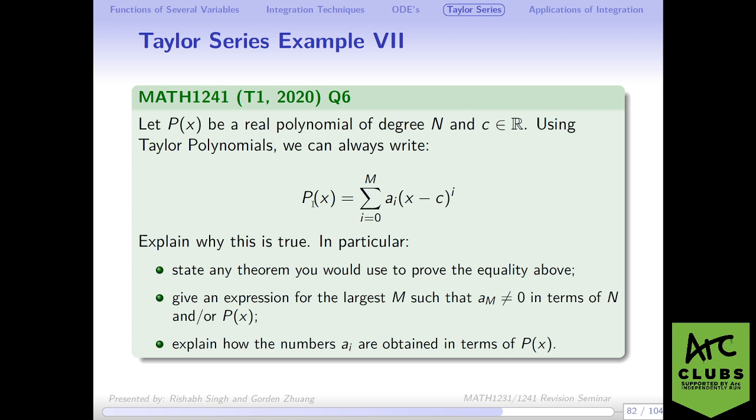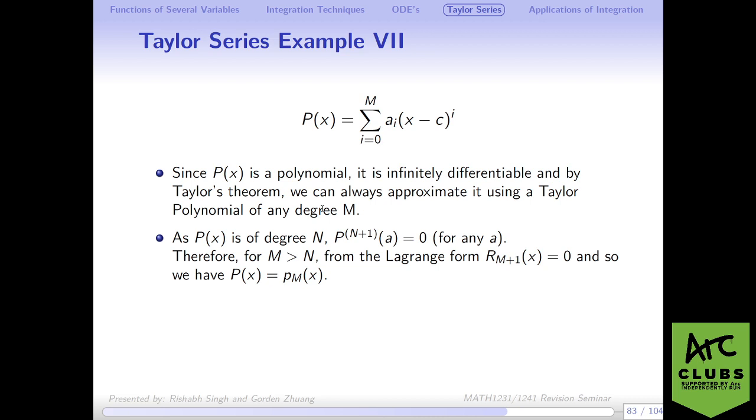The second part asks to give an expression for the largest m for which this term is not equal to 0 in terms of n or p, and also explain how these numbers are obtained. So these two parts are kind of connected. If you think about it, we have a degree n polynomial, so it makes sense for m to equal n, since we're equating a polynomial to a polynomial, so it would make sense for them to be of the same degree.